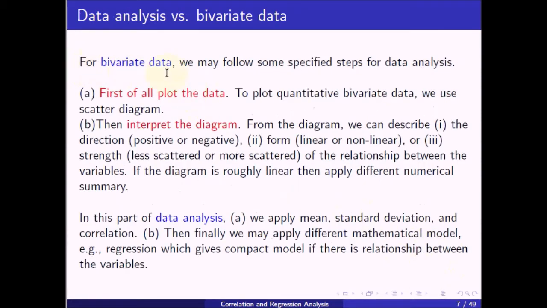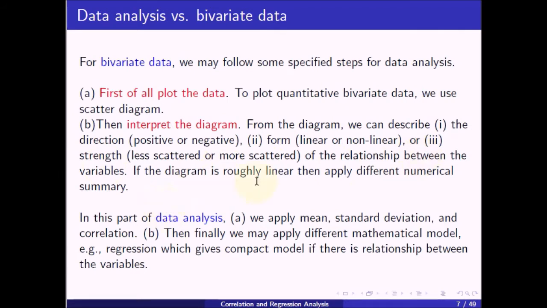Now for bivariate data, we may follow some specified steps for data analysis. First of all, plot the data. To plot quantitative bivariate data, we use a scatter diagram. Then interpret the diagram. From the diagram, we can describe the direction, positive or negative, form, linear or non-linear, and strength, less scattered or more scattered, of the relationship between the variables.